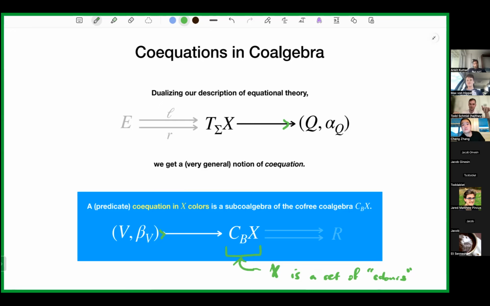What is dual to the leaves of a tree? Well, the interior nodes of a tree. So instead of labeling the leaves with variables, we label the interior nodes of our infinite trees. And this is what Jan Rutten called coloring the nodes. So we're stuck with this now. I think it's inspired by red-black trees or something.